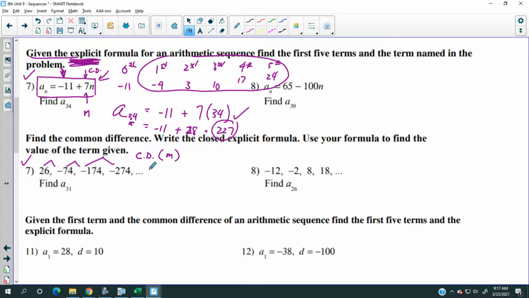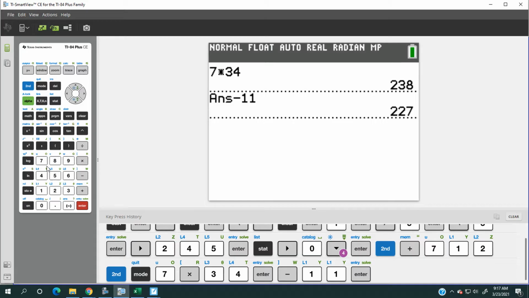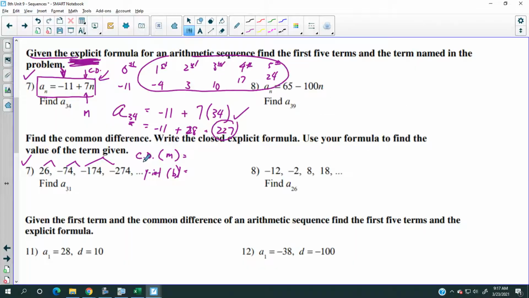And the 0th term, the y-intercept, we will find out. What's the common difference? Looks like it's minus 100, because 26 minus 100 is negative 74. Let me double check. Yep, so the common difference is minus 100, so the slope is pretty big.